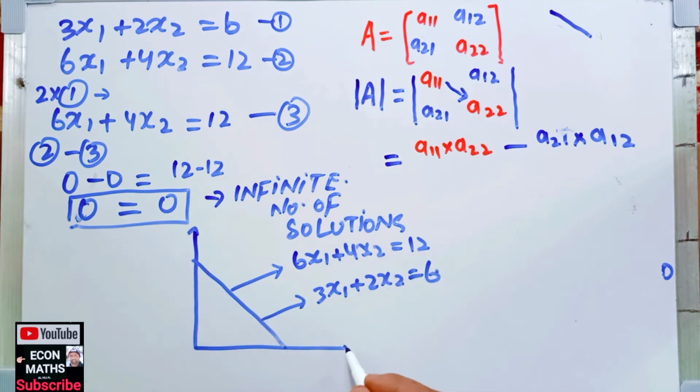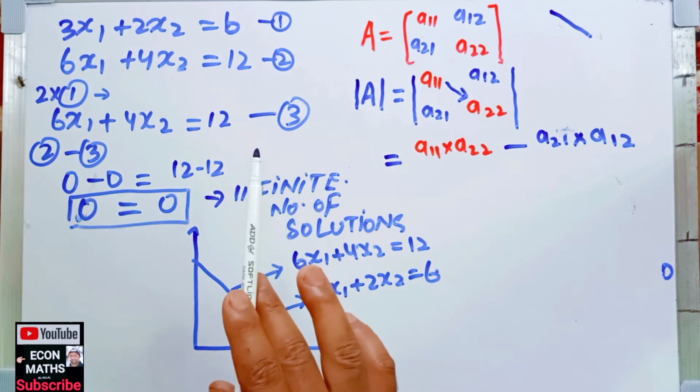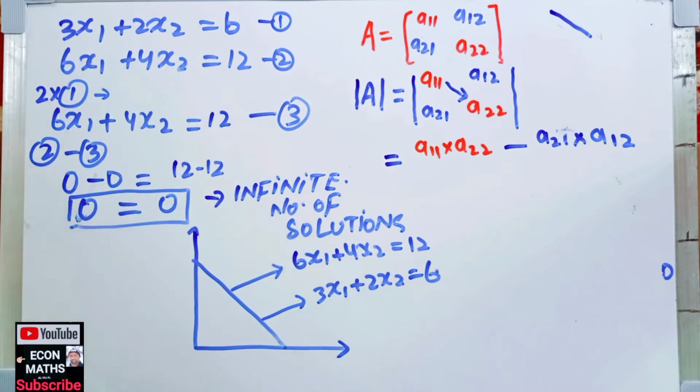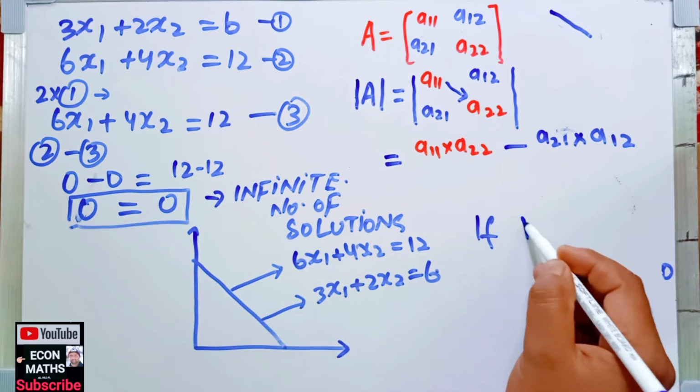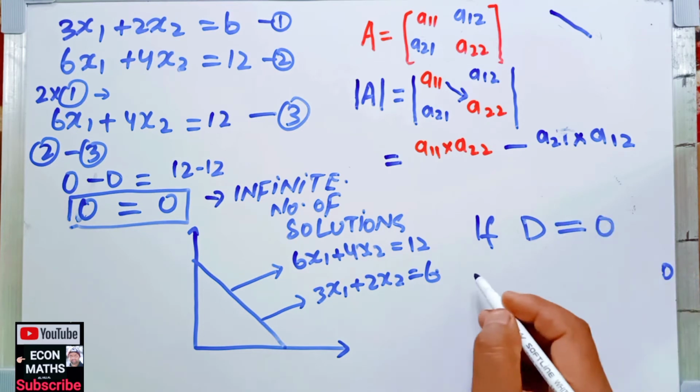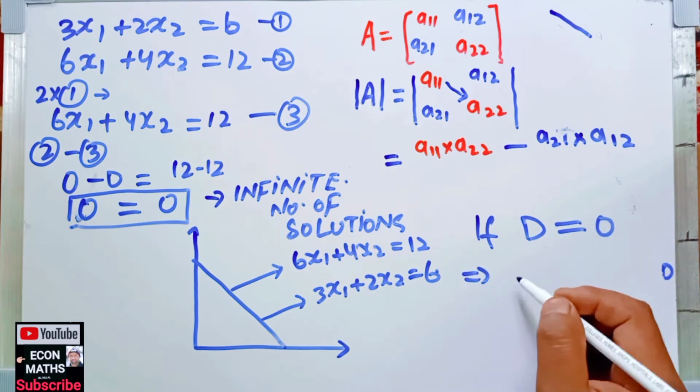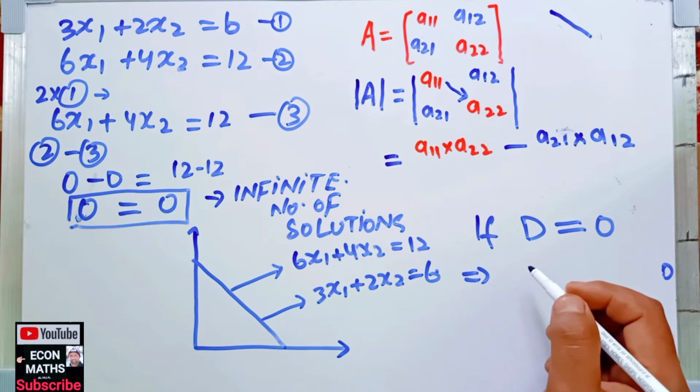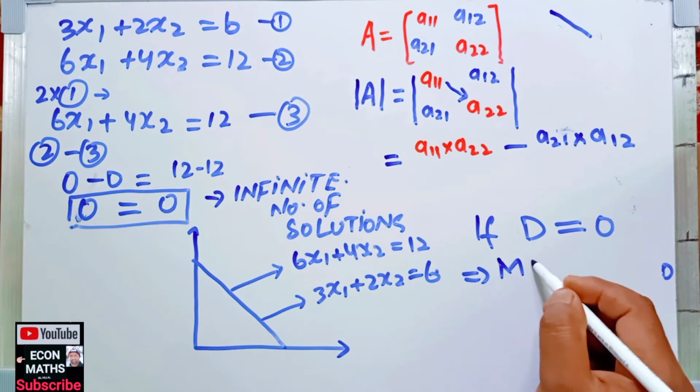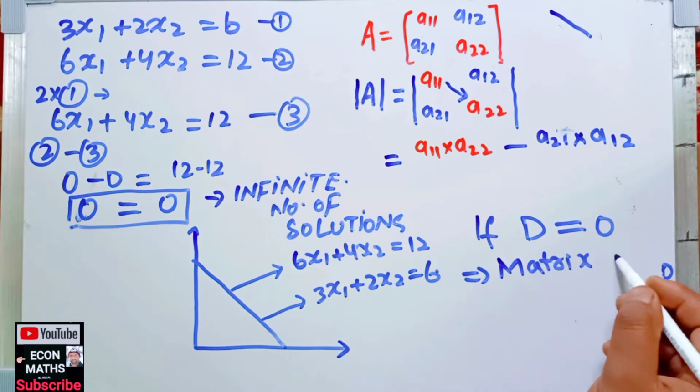So I can say if there is linear dependence between the two equations, then we have infinite number of solutions. Now in matrix terms, that means if the determinant is equal to 0, it implies we have a matrix that is non-singular. Sorry, that is singular. Implies the matrix is singular.